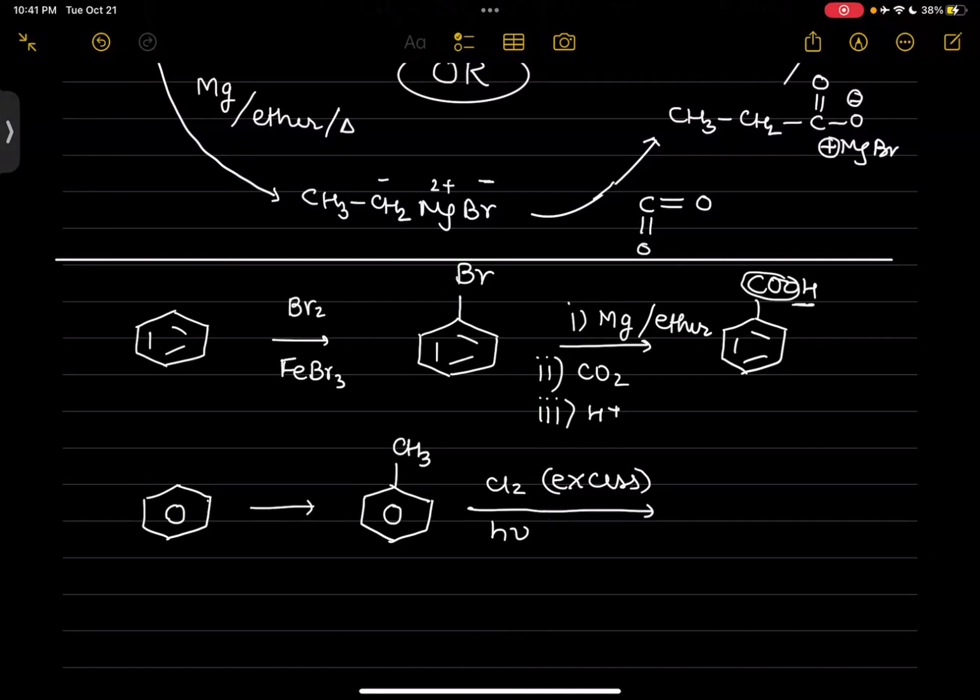That is photochlorination. You will get X, or you will get Y. Now I want you to do the hydrolysis of Y with aqueous KOH. You will get Z.